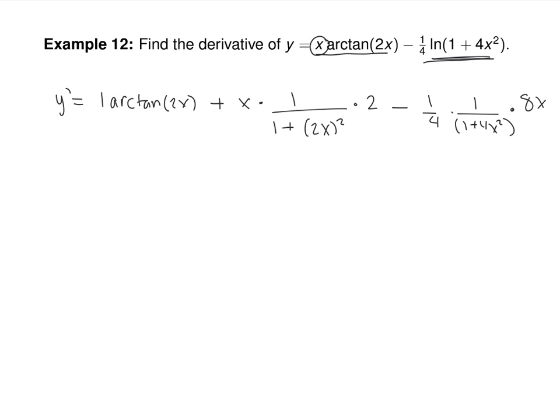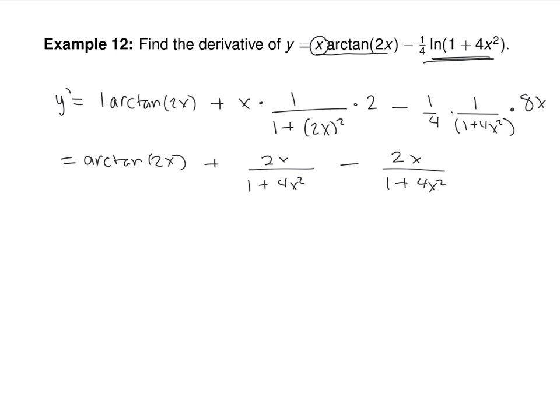And then what's the derivative of the stuff? Okay. So you've got arctan 2x plus 2x over, that really is 4x squared, right? And then what does the 8 over 4 reduce to? 2x over, yes.